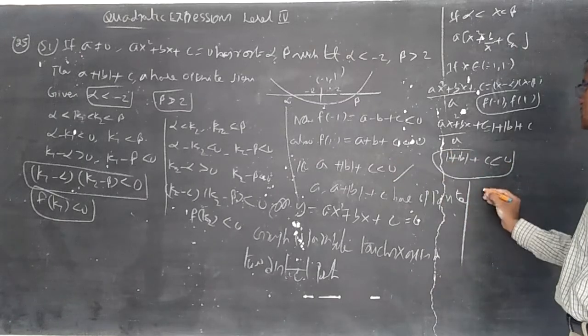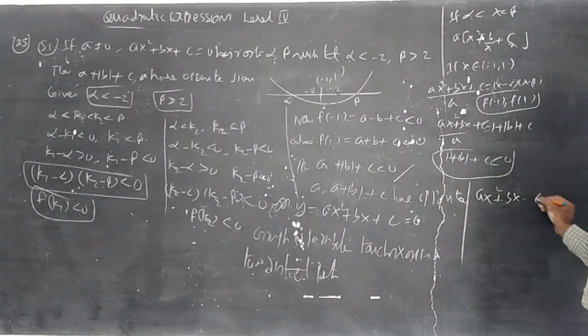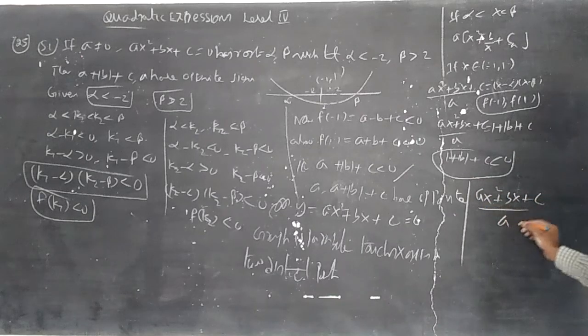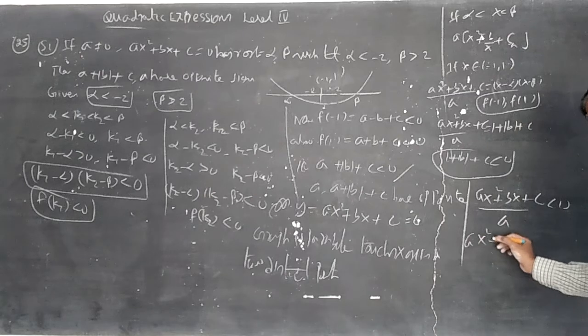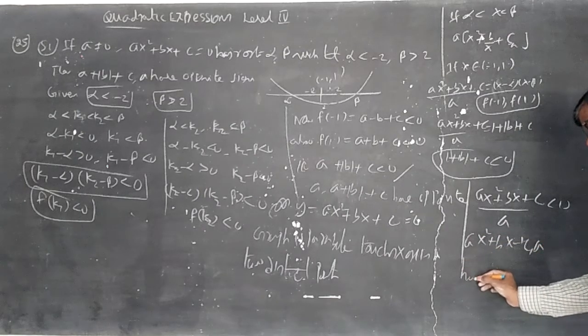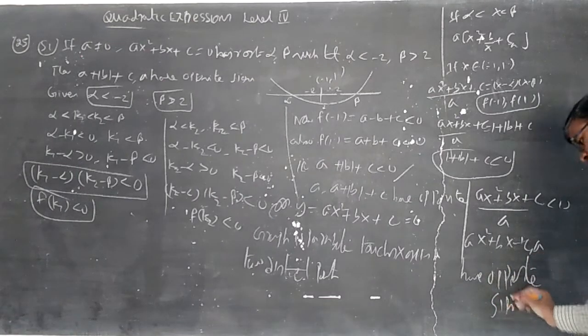That implies ax square plus bx plus c by a is less than 0. This is less than 0. That implies ax square plus bx plus c comma a have opposite sign. Opposite sign.